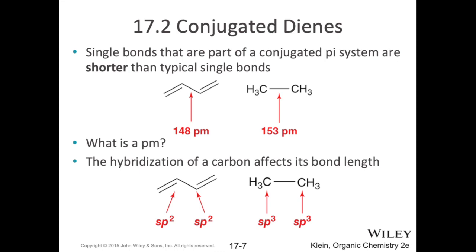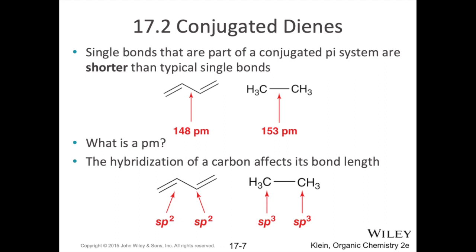That being said, the carbon-carbon single bond that we observe in a conjugated pi system is shorter than we would expect. Okay, now the reason for that is because, as I mentioned earlier, that single bond, even though we draw it as a single bond in our Lewis structure, it has some double bond character to it.